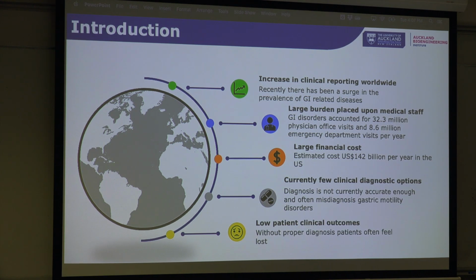I can't reiterate to you enough that if you have this kind of disorder and you're going to the GPs and they're telling you that there's nothing wrong, how disconnected you feel from the medical system, because if they don't know what's wrong, they can't provide any clear future for treatment options, and going ahead, you have to live with these kinds of diseases. This is where my PhD comes in. We're trying to develop new clinical methods to diagnose gastrointestinal disorders.